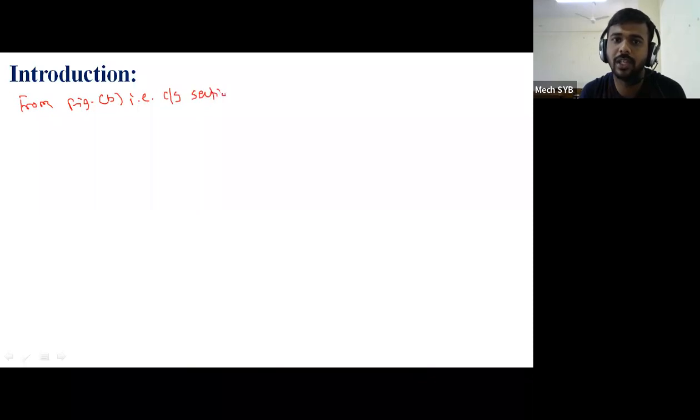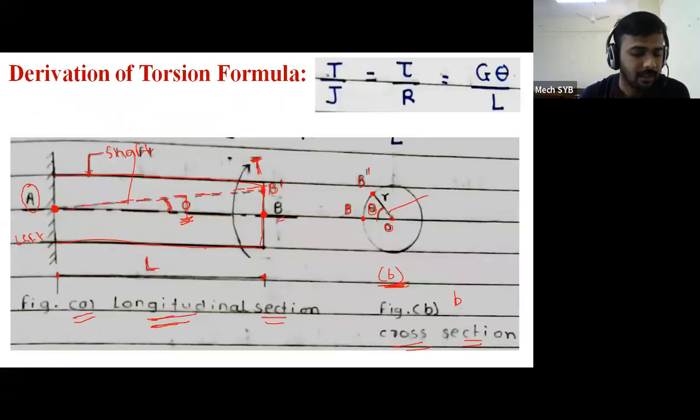Now, from next figure, from figure B, that is cross section of shaft. Cross section of the shaft. जसं फिगर ए चा वापर करून आपण बी डॅश काढला.